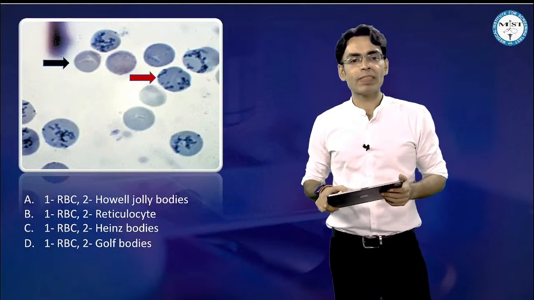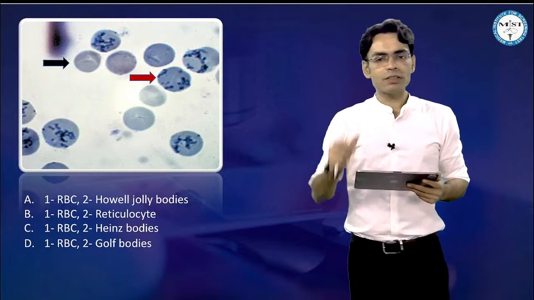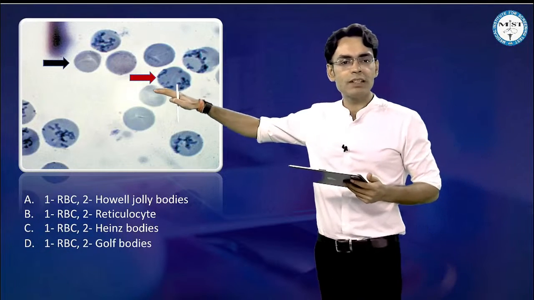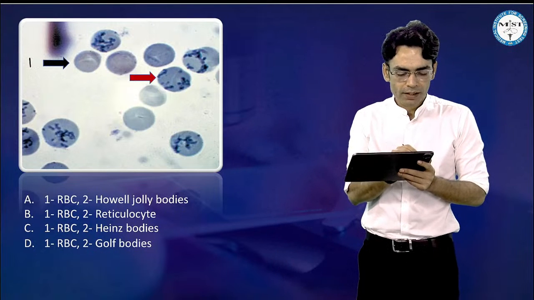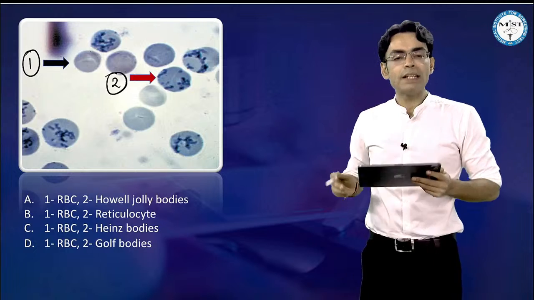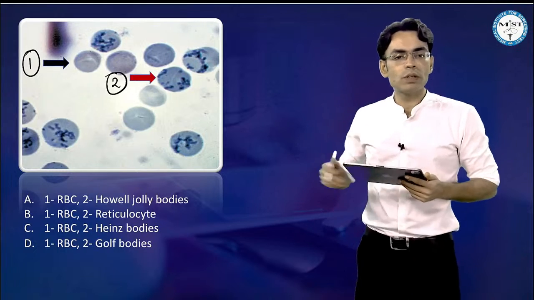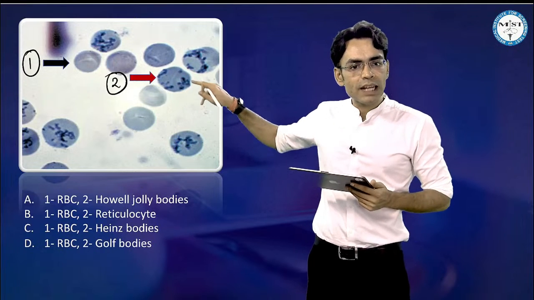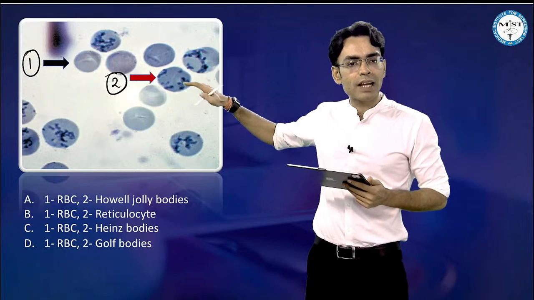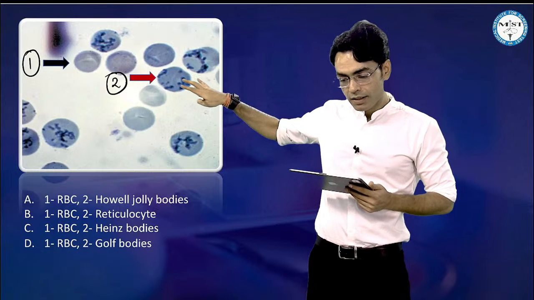Okay, then some more images. What is this? This is number one, this is number two. Tell me, what are number one and two? This is a supravital stain. This one contains some nuclear remnant inside, so this is a reticulocyte, right?